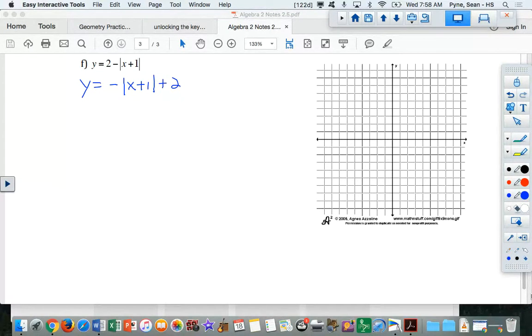I switched the order. I made sure the signs stayed where they needed to be, which is important. Now this makes it a little easier to comprehend. You can do it the other way, absolutely, there's no problem with it, but some people get confused.